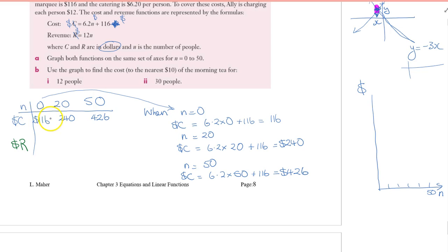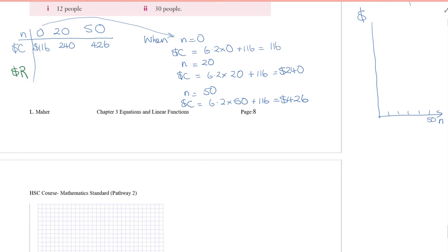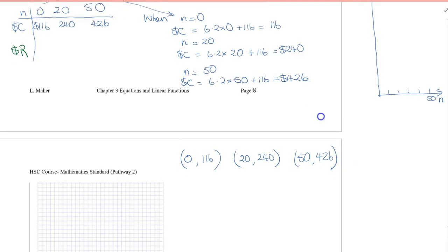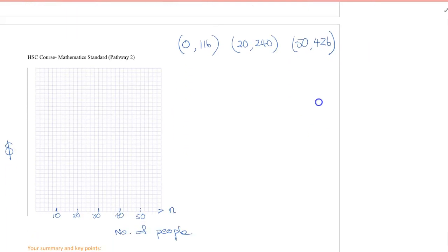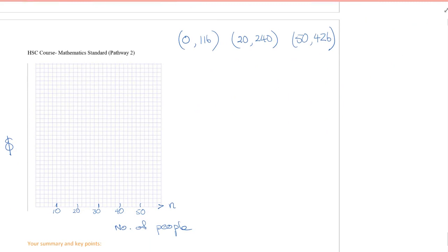So what I know from my table is I need to graph the points for cost 0, 116, 20, 240, and 50, 426. Now you can see that I have sort of set up my graph.